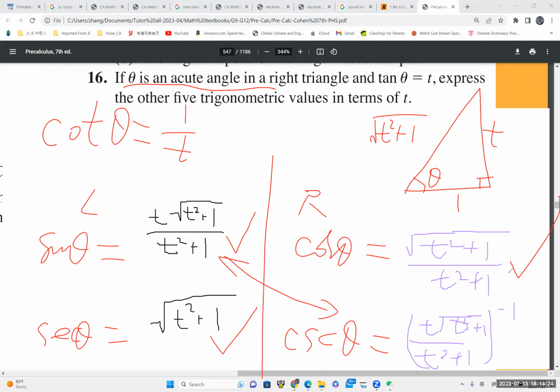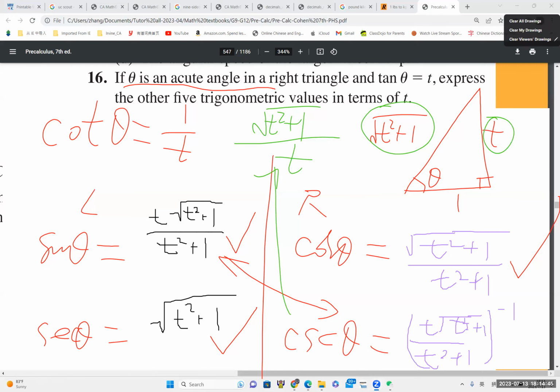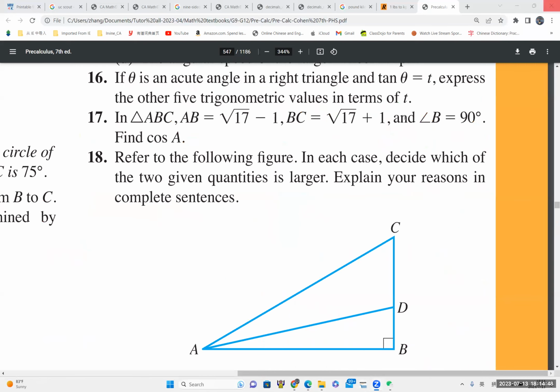That being said, it's this over this. T squared plus 1 over t, right? Is this secant? Yeah.